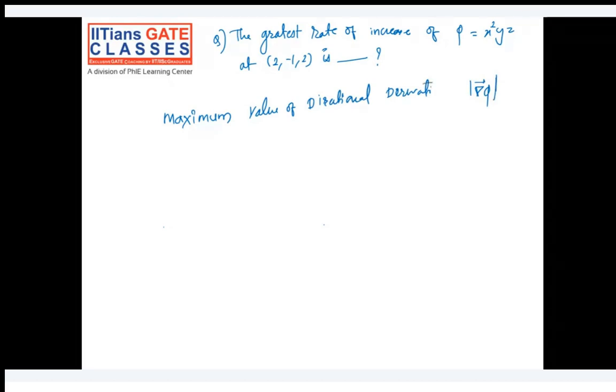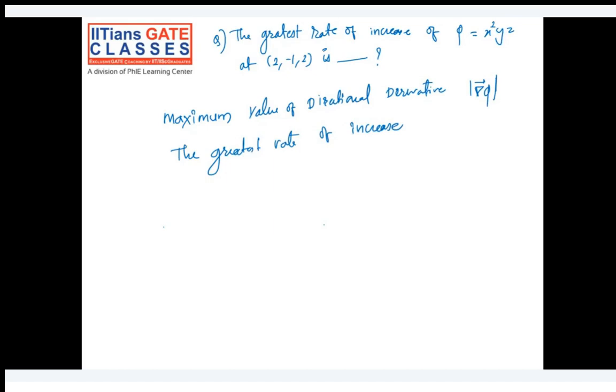Directional derivative is the rate at which function is changing in some particular direction, and the greatest rate will be the del phi only. So maximum value of the directional derivative will be again del phi. If they use these kind of terms in the exam, they are just asking you the gradient of phi, that's all, nothing else.